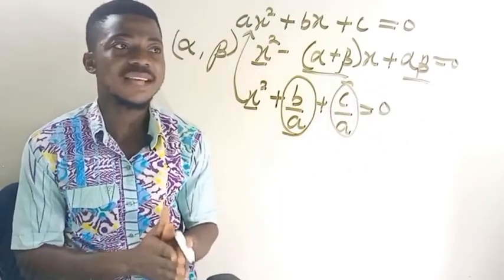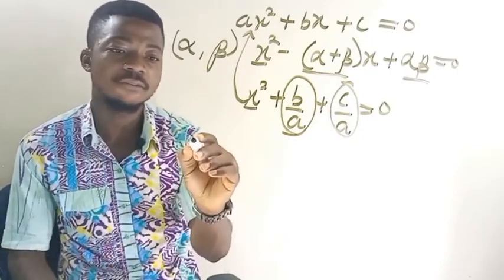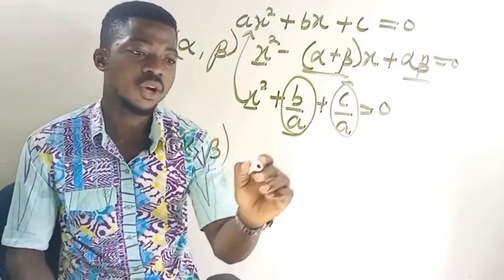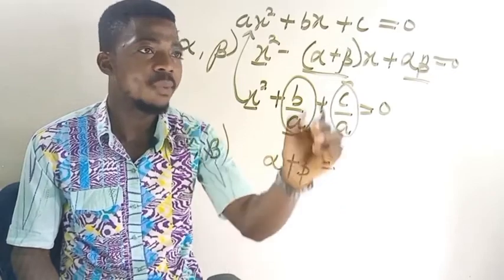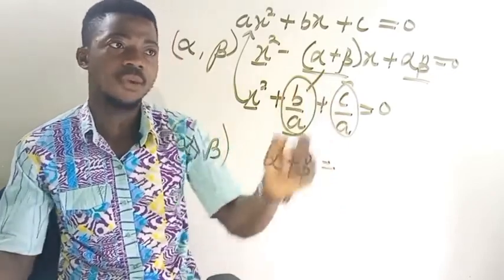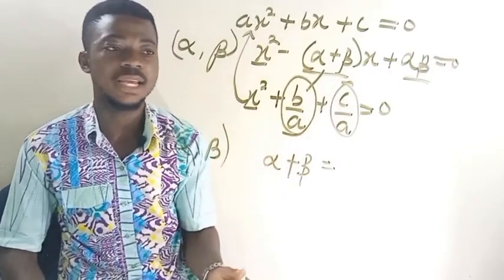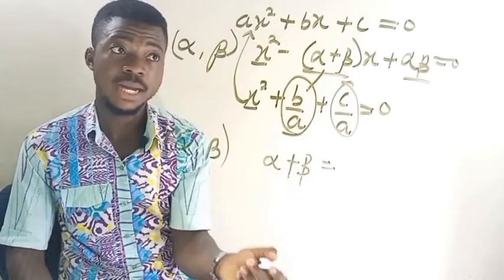So the sum, if you have an equation whose roots are alpha and beta, the sum, which is alpha plus beta, will be equal to this one. The sum alpha plus beta for that equation corresponds with b over a.